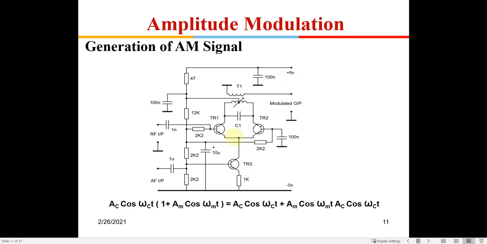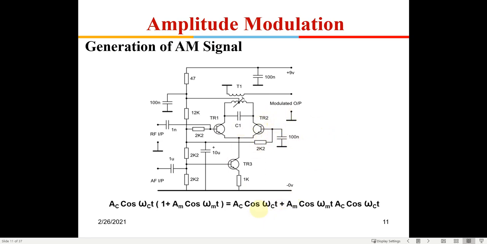If you want to understand more about how a differential amplifier works, there is a series of lectures on my YouTube channel called analog electronics. I started with the CE amplifier and went up to the differential amplifier. There are 4 videos, which will help you understand the circuit operation of this modulator.